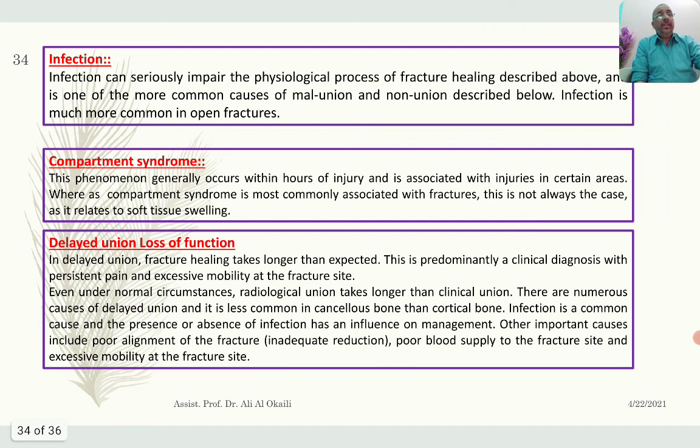طبعا infection can seriously impair the physiological process of fracture healing and is one of the most common causes of malunion or non-union of the fractured bone. طبعا infection is much more common in open fractures.